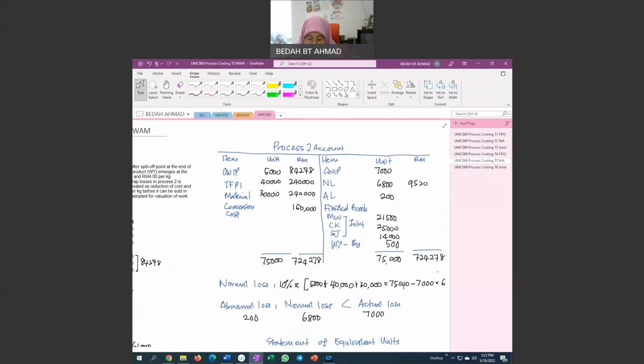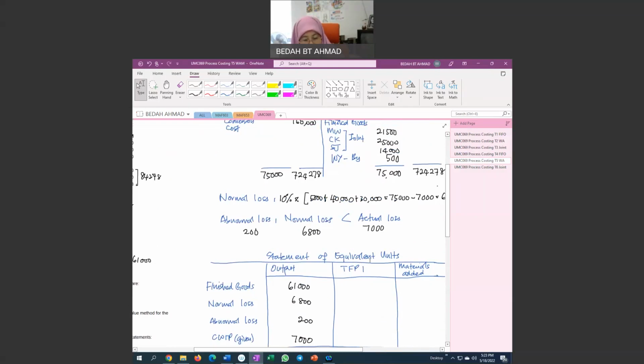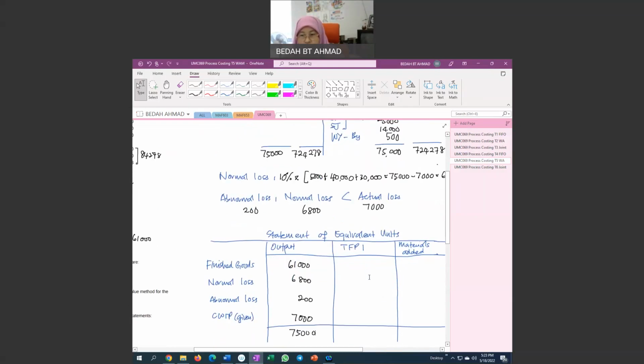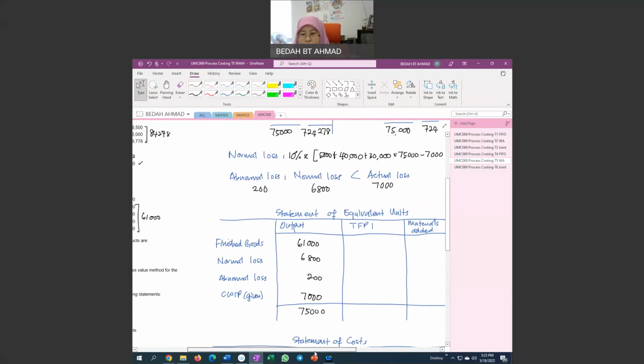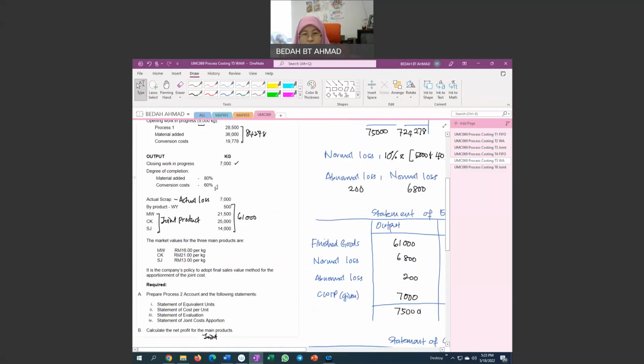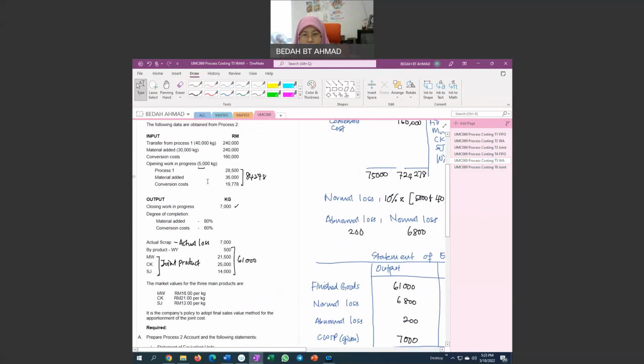Okay, I'm casting the figure in the process account so that it tallies with our statement of equivalent units. Okay, so from this, transfer from process one. Okay, so you can see here the degree of completion for the transfer from process one.